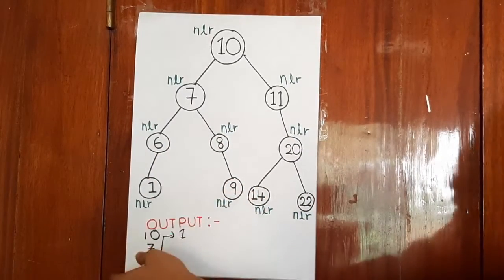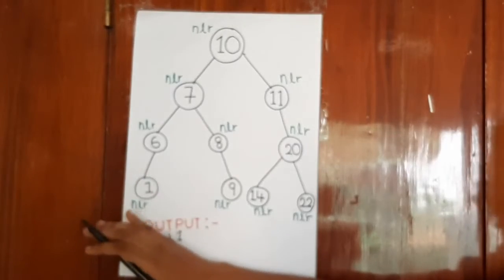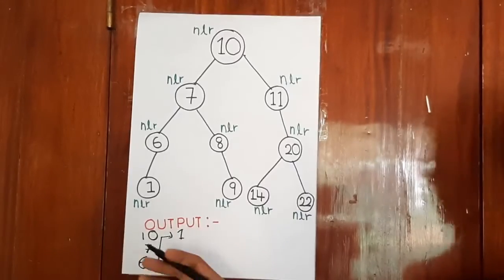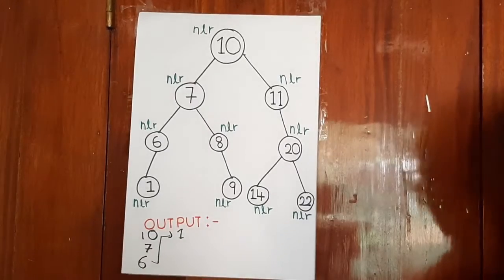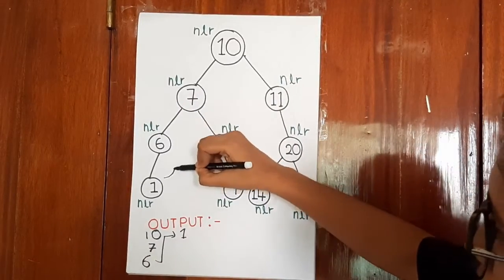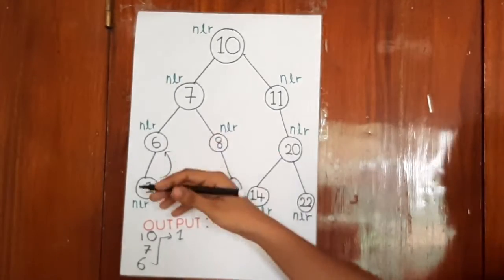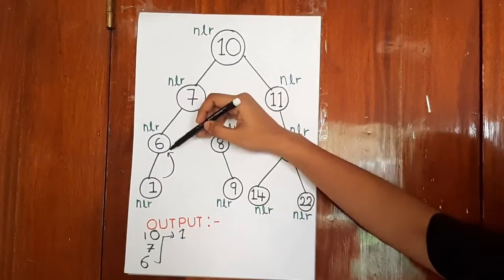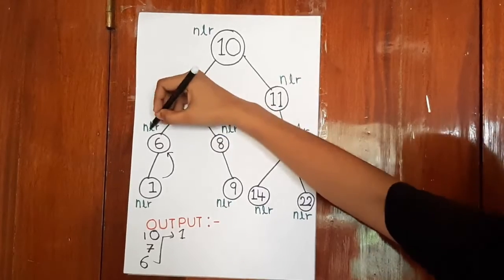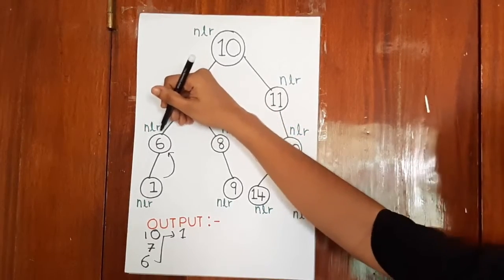As there are no children for this node, the children nodes are null here. The value is null, so there is nothing to print. So it moves back to this, and I refer to the left side of this. Its right side is null.